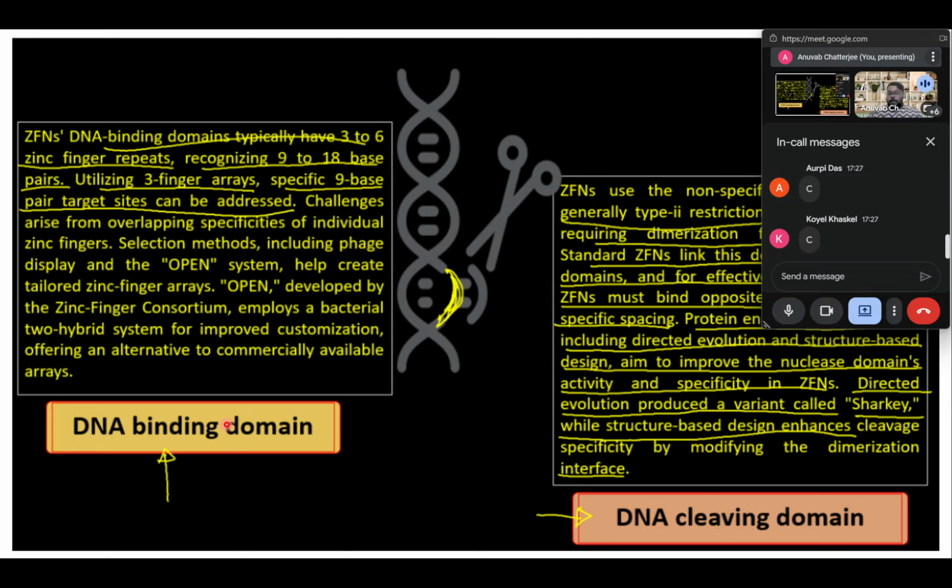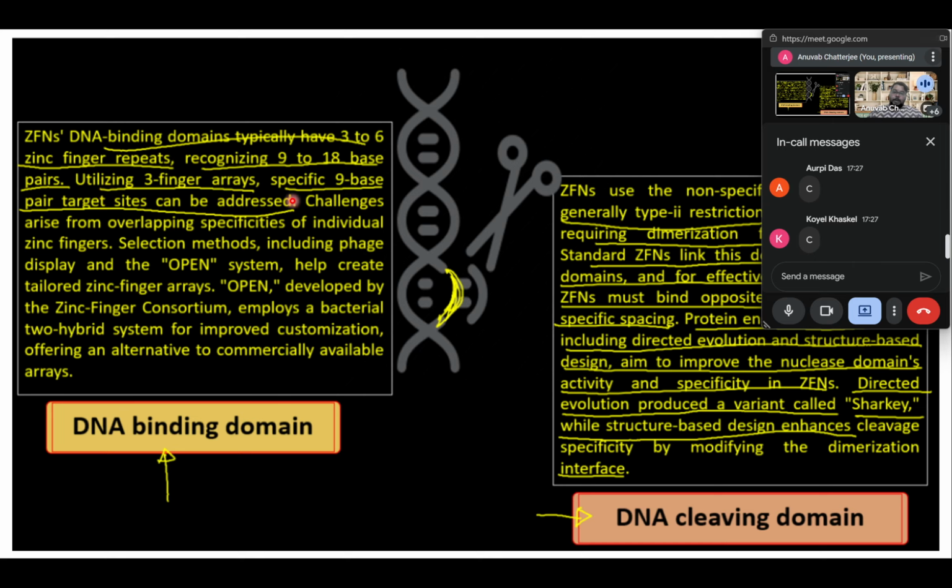We have a DNA binding domain that we have seen already. So the ZFN, or zinc finger nuclease, DNA binding domain typically consists of 3 to 6 zinc finger repeats, which recognizes 9 to 18 base pairs.